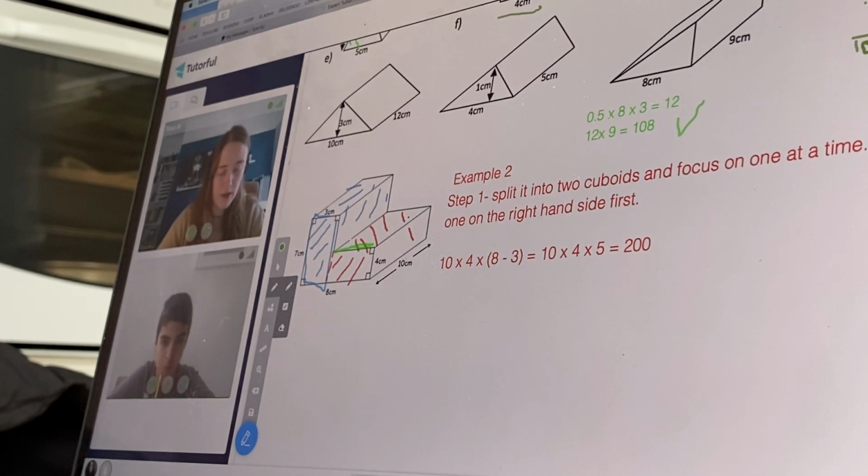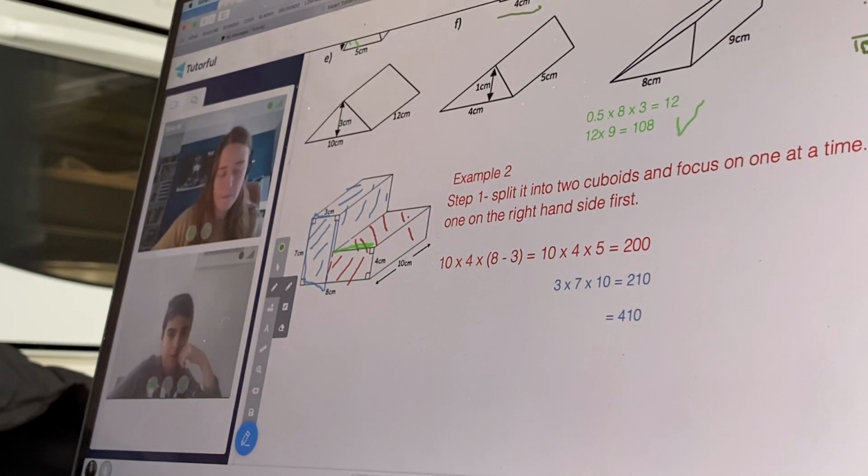So then I know I've got 3 times 7 to get the area of that face. And then I need to times it by the length, which is also 10. So 30 times 7 is 210. And then if I add them together, I get 410.